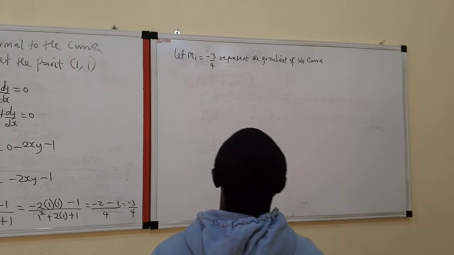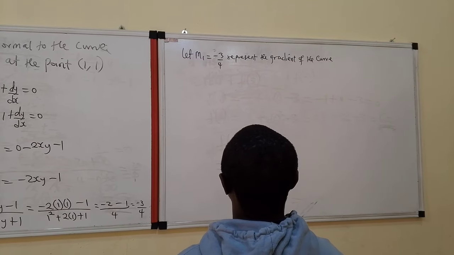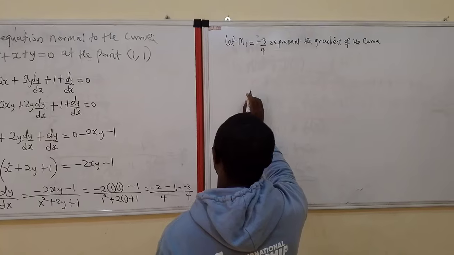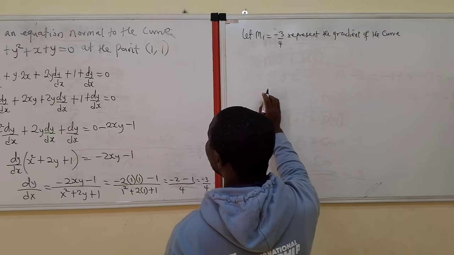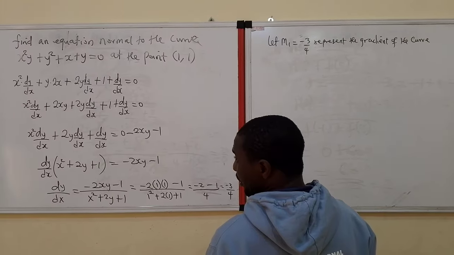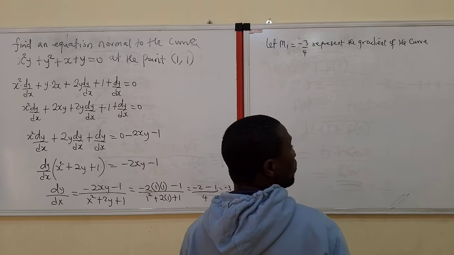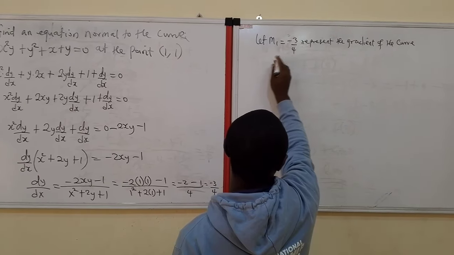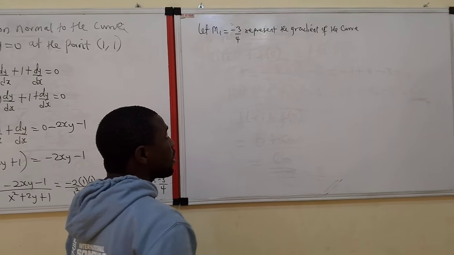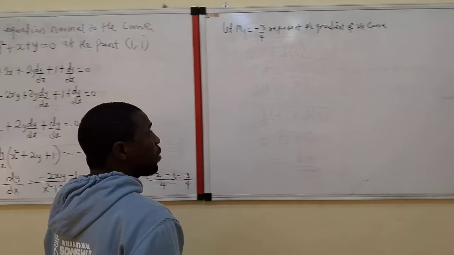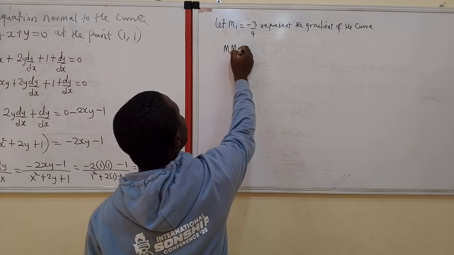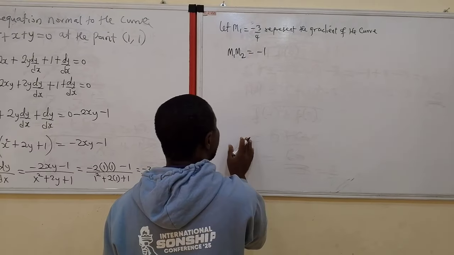Since m1 equal to minus 3 over 4 represents the gradient of the curve, recall, I told you that there is a relationship between the normal to the curve and the curve. There is a relationship regarding their gradients, known as the condition for perpendicularity, which says that the product of their gradients will be minus 1. That is, m1 times m2 is equal to minus 1.